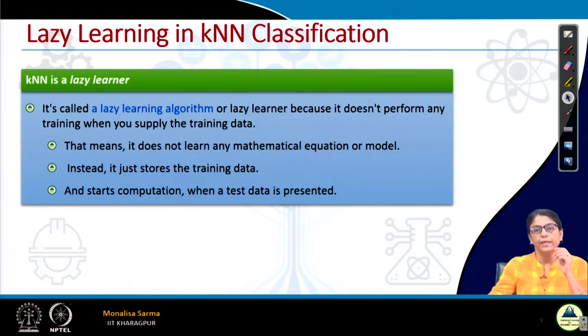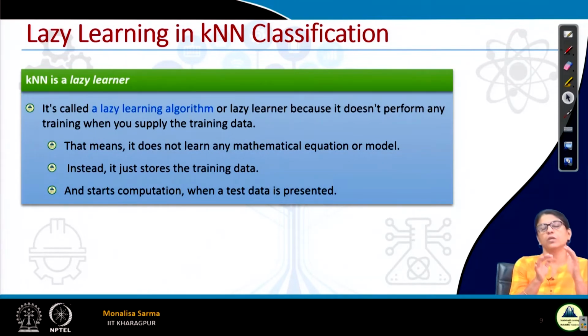Now, this KNN is also called a lazy learner. Why is it called a lazy learner? Because you see, in all the classifiers or regression analysis, whatever we have done, those are also prediction. Classifier is also prediction; all this is prediction only. In all these cases, we have developed a model. Once we get the training data, we develop the model.